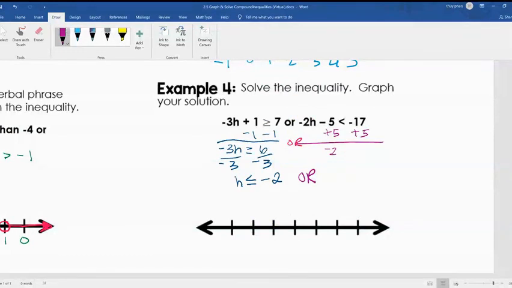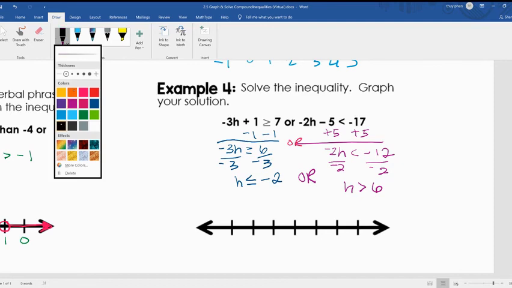All right, so we have -2h is less than -12. And then we're going to divide both sides by -2. And we're going to get h is greater, because we have to reverse the symbol to make the statement true, and that's 6. So let's go ahead and build our number line.